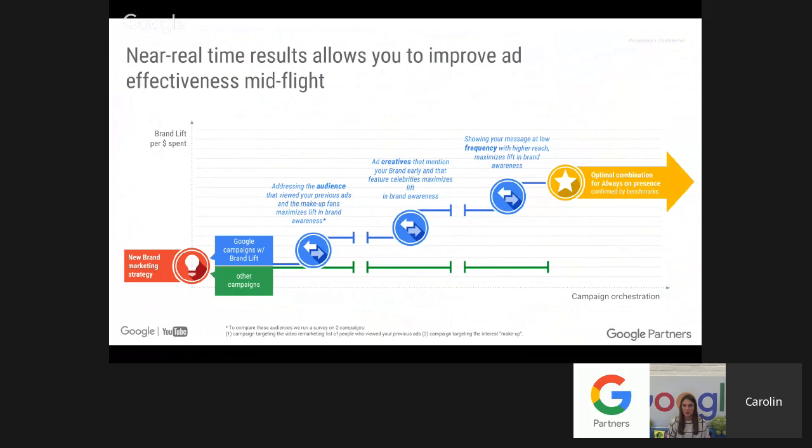So instead of just going with the initial scenario of what we thought was right, we actually optimized based on real-time feedback to have the optimal spend for an always-on campaign that is going on throughout the year. This is just to showcase a scenario of how you could potentially utilize it and optimize over time to really make sure you get the most out of what you're spending.